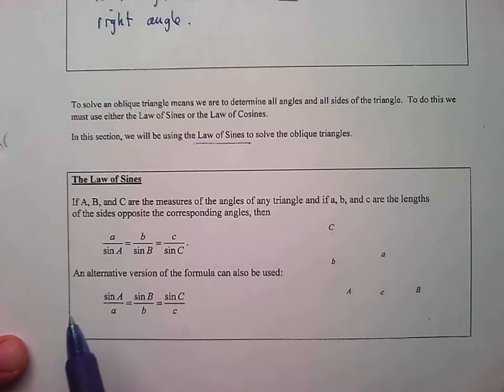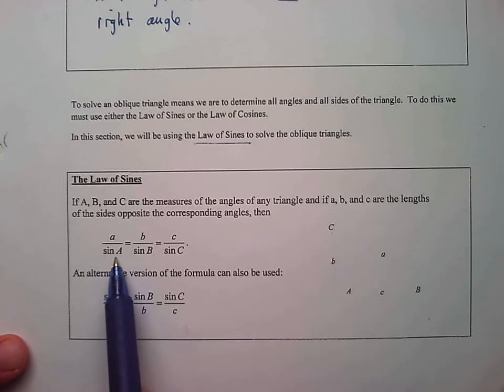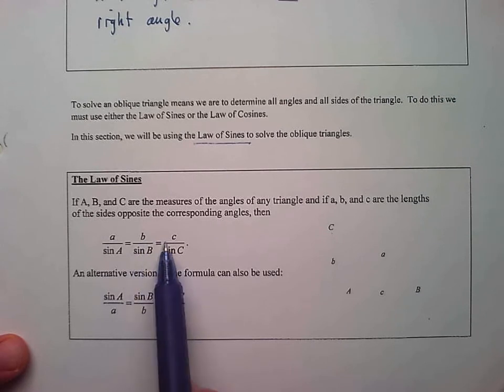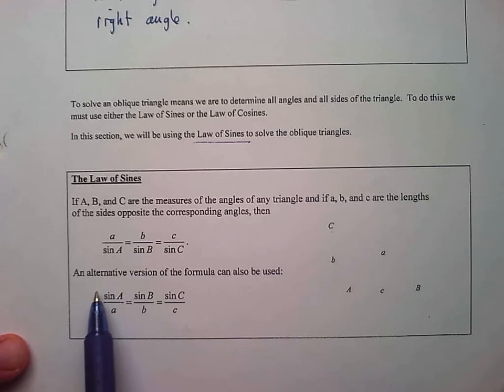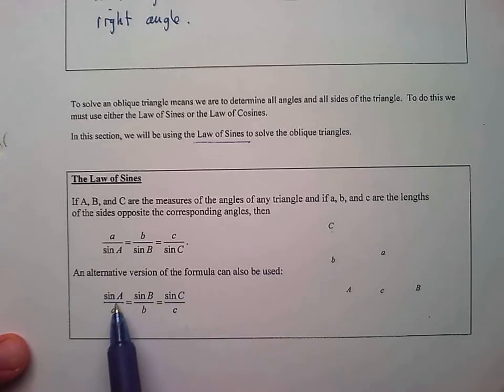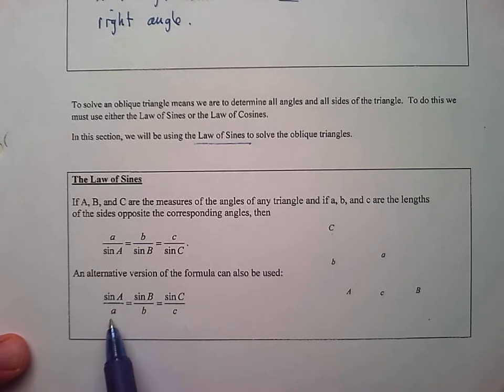If A, B, and C are the measures of the angles in any triangle, and if little a, little b, and little c are the lengths of the sides opposite the corresponding angles, then here we have a divided by the sine of angle A is equal to b divided by the sine of angle B, which is equal to c divided by the sine of angle C. An alternative version of the formula can also be used, simply their reciprocals, which is also something that we can take a look at.